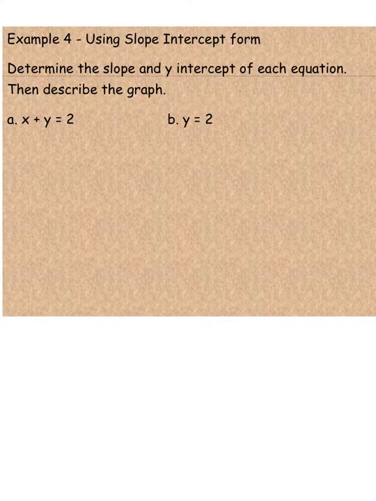In our next example, we want to use the slope-intercept form, which you should know is y equals mx plus b. We want to determine the slope and y-intercept of each of the equations given and then describe the graph. So our first equation, we have the equation x plus y equals 2. So we'll get that equation in slope-intercept form by subtracting x.